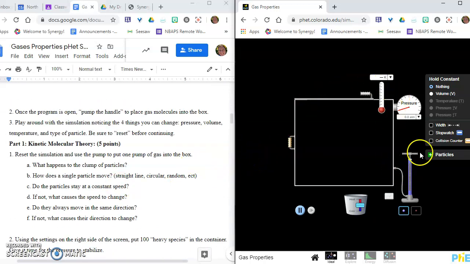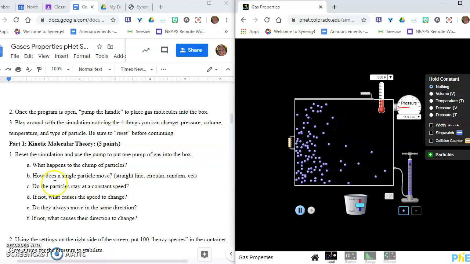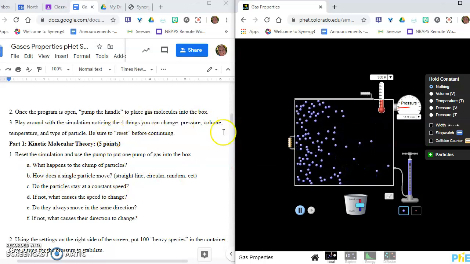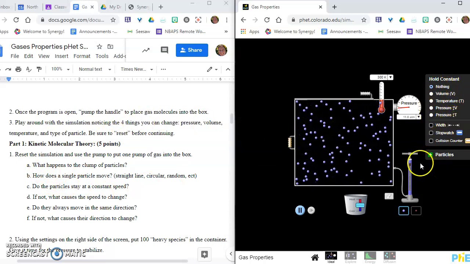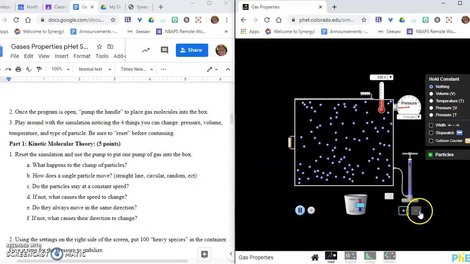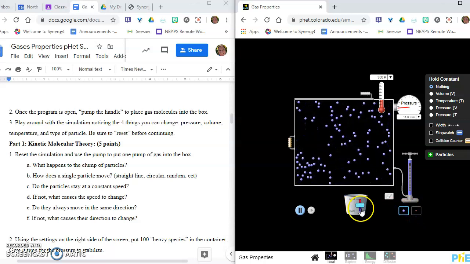It gives you this little handle, so you can pump this up and down, and it allows different gas molecules to enter this little compartment. You can change the type of particle, so we have a light species and a heavy species. We can change the temperature.